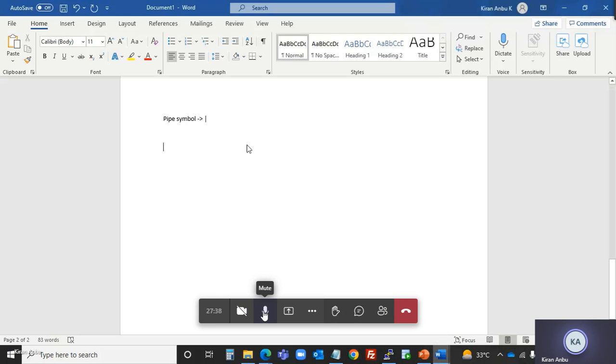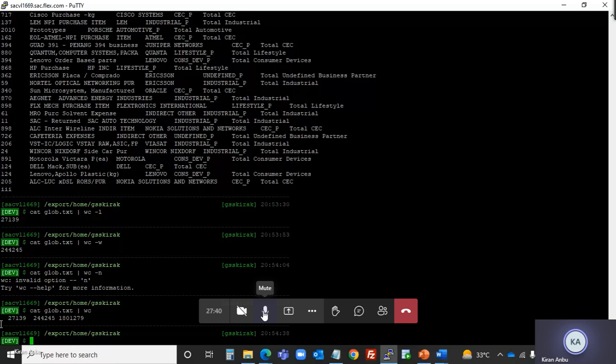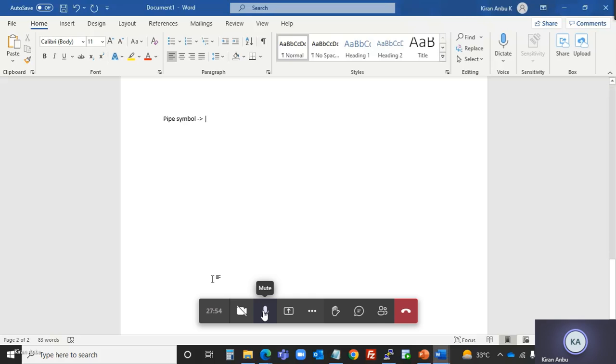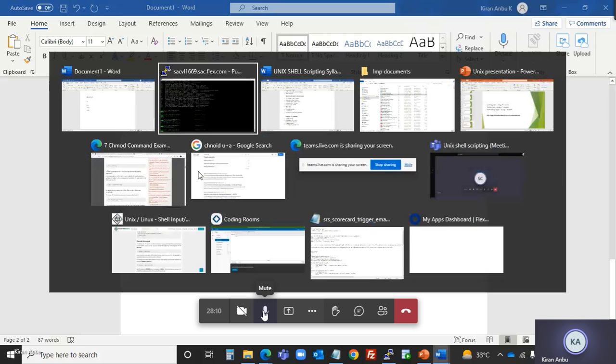By default, if you use WC without any arguments, you get three outputs: the number of lines, words and letters. All case sensitive. So by default it will give these.